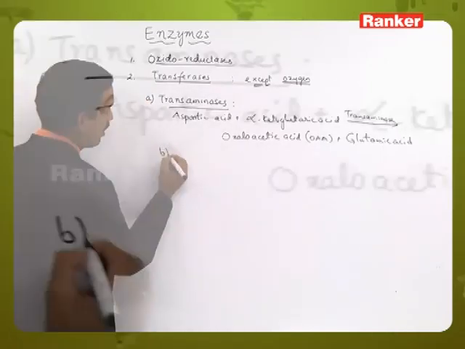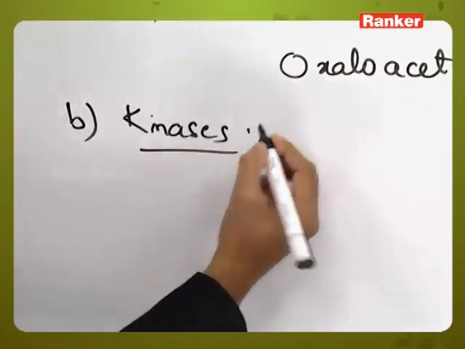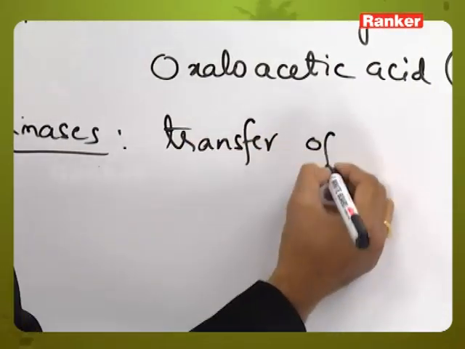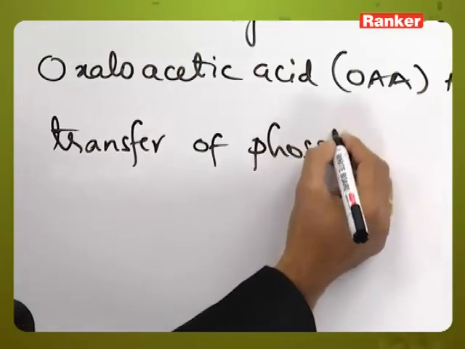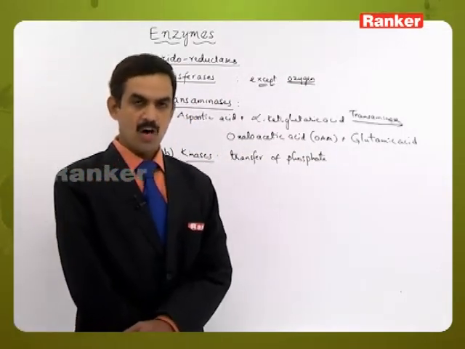The second one is called kinases. Kinases are the ones which are involved in the transfer of phosphate molecules from one substrate to the other, or from one compound to the other.